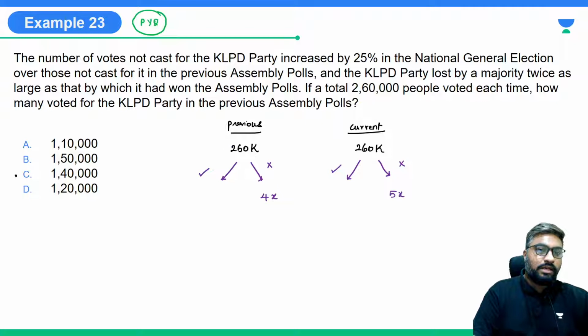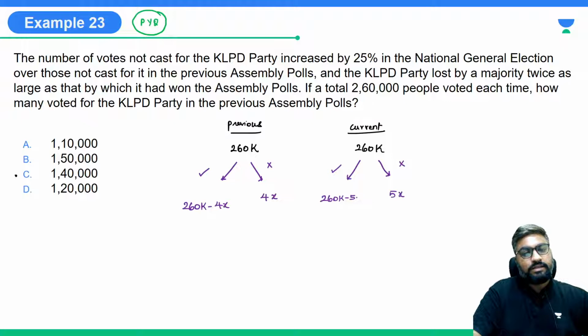Yes, here number of people who voted will be what, 260k minus 4x, and here it will be 260k minus 5x. Yeah, now what are they saying? They are saying that currently they lost. Yes, currently they had lost. That means number of people who did not vote will be greater.